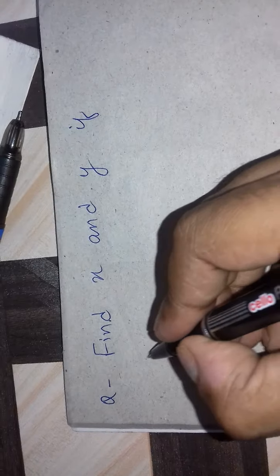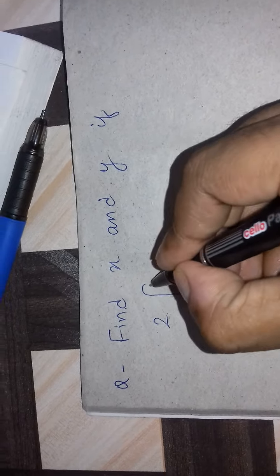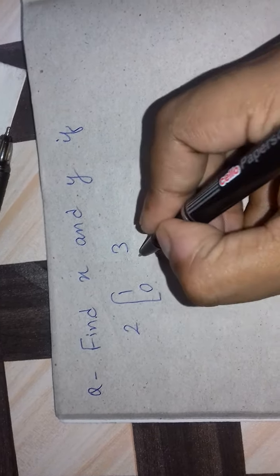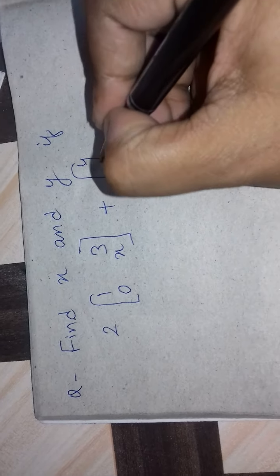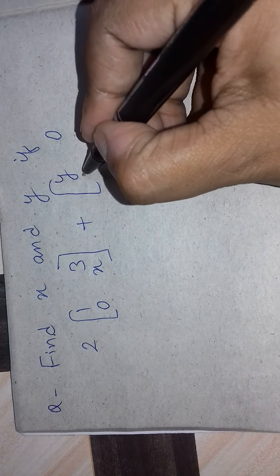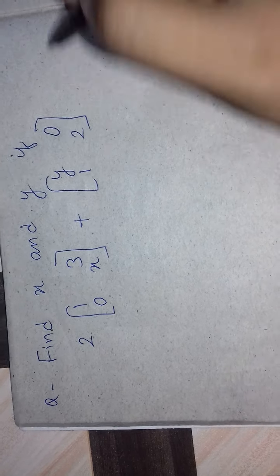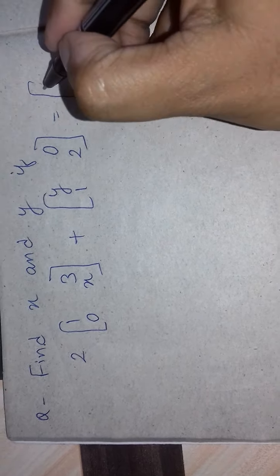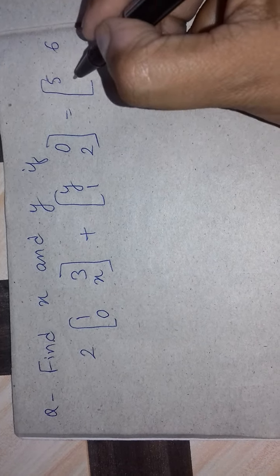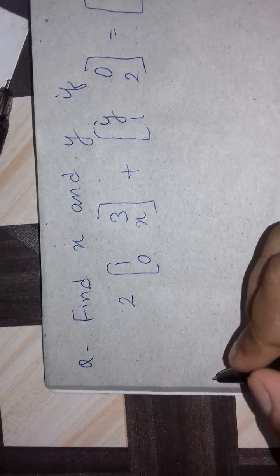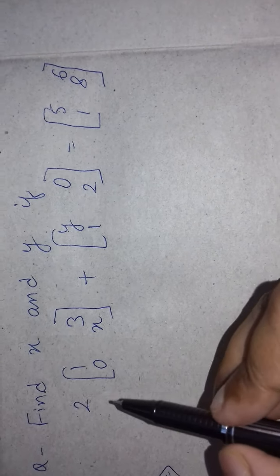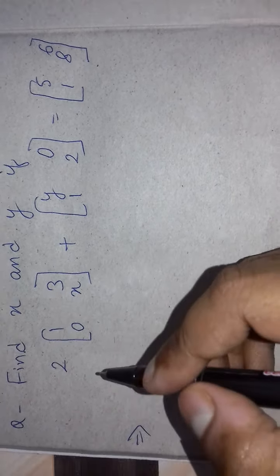If 2 into 1, 3, 0, x plus y 0, 1, 2 is equal to 5, 6, 1, 8. Here we have to find the value of x and y.